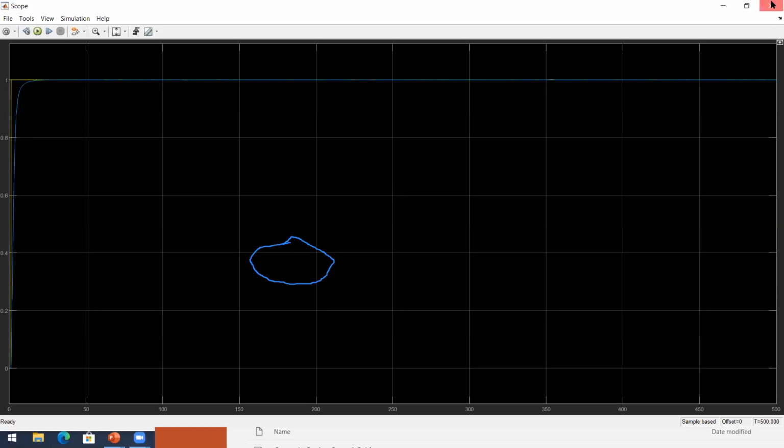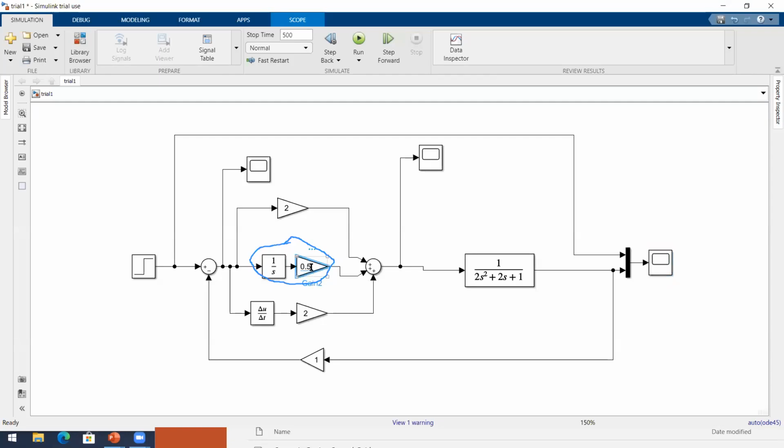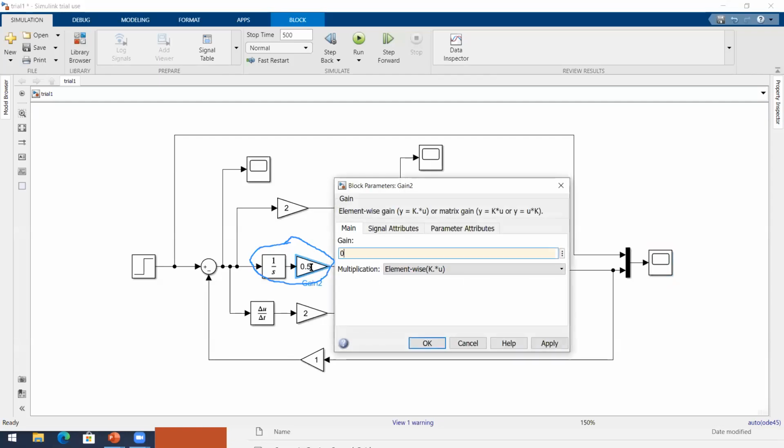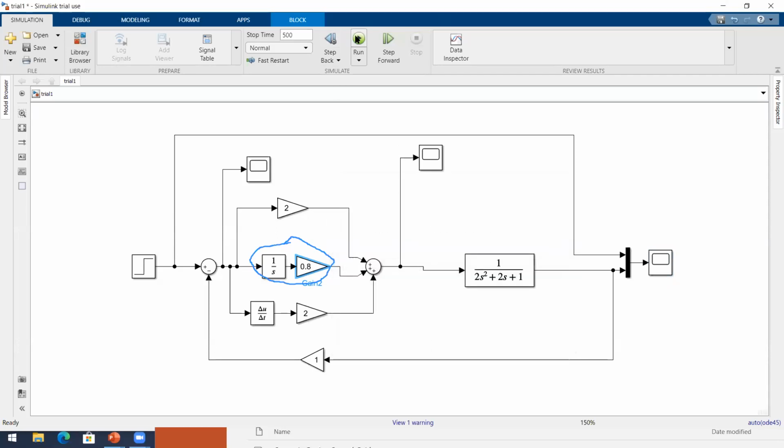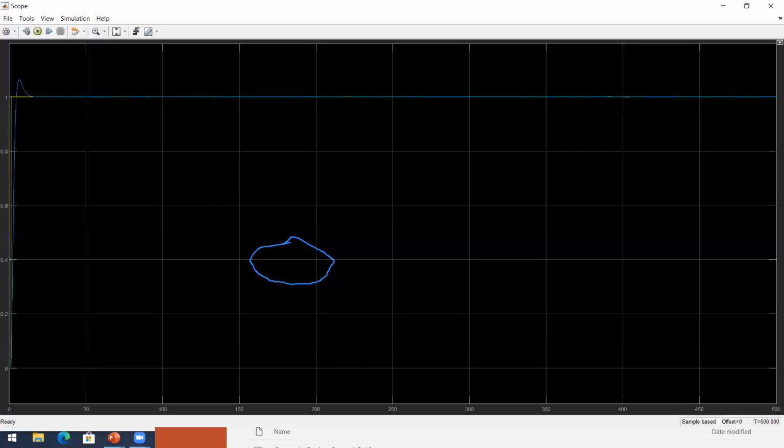If you have a higher value here, say 0.8, and run this, you have some small overshoot, and then it has reached the desired value. The x-axis is time.